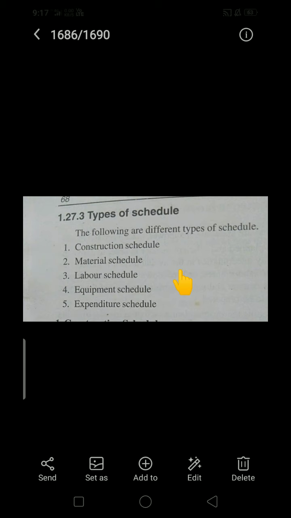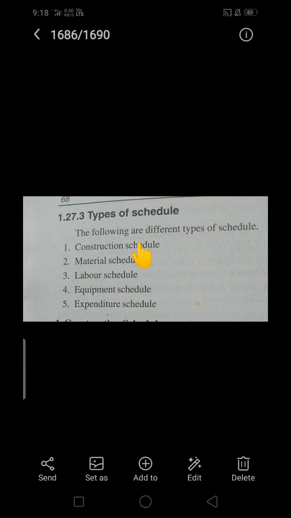Here there are around 5 schedules. The first is the construction schedule, second the material schedule, third the labor schedule, fourth the equipment schedule, and last the expenditure schedule. Depending upon their names we can understand them easily.